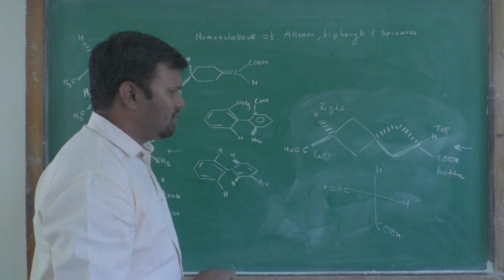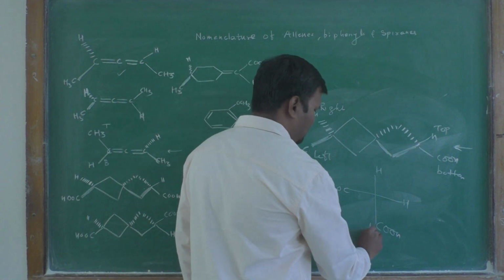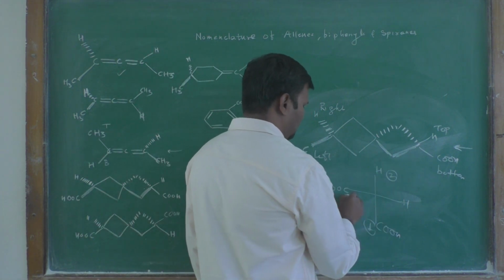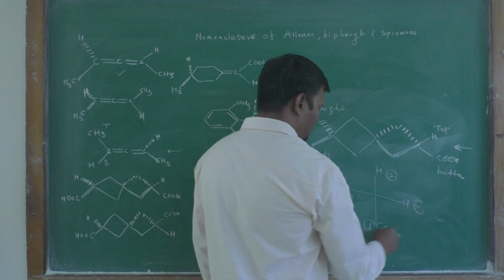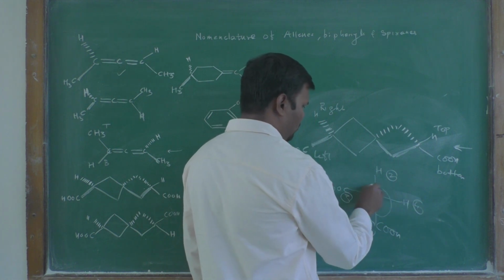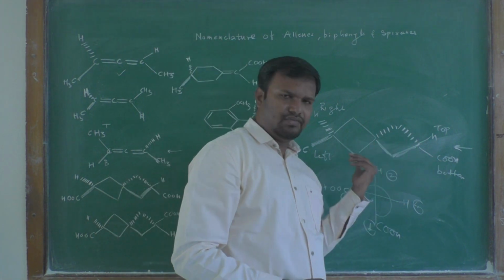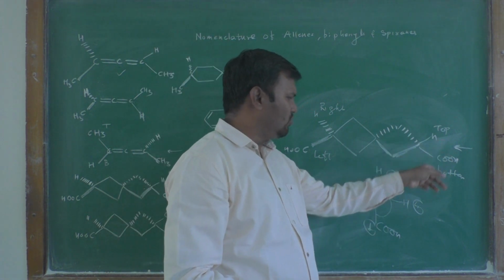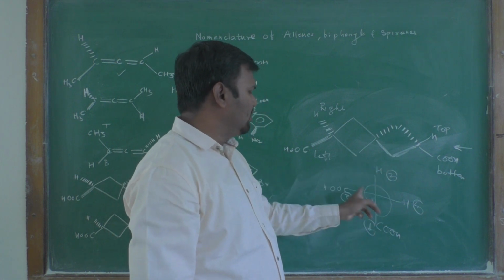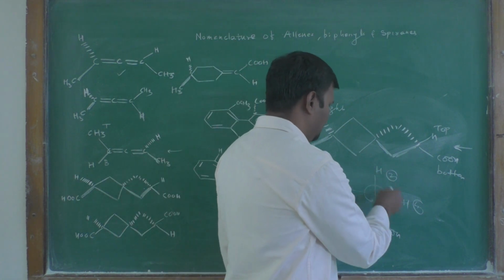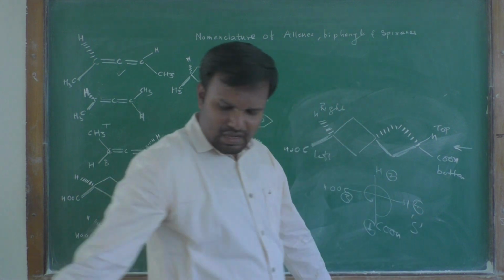Therefore you have to give the priority first one and then second, then third and the fourth. Therefore 1, 2 and 3. Firstly you have to look from that side, therefore you have to give the priority to this group first. 1, 2, 3 and the 4.